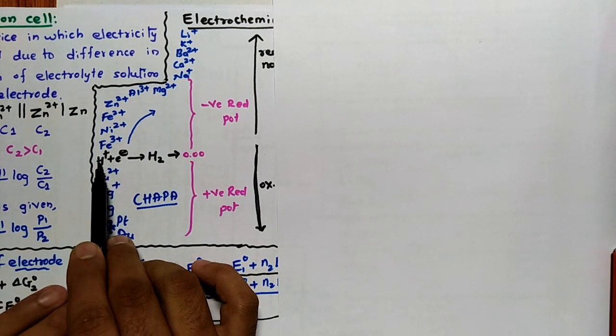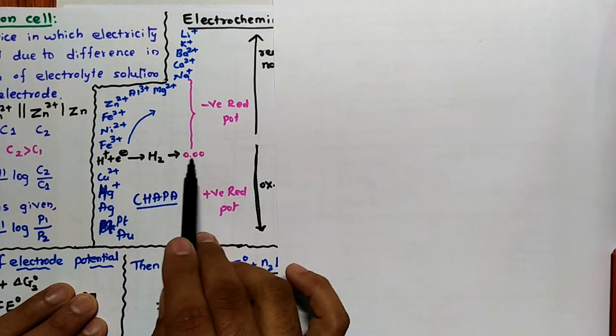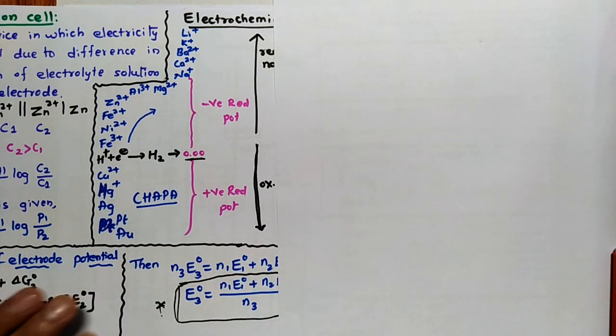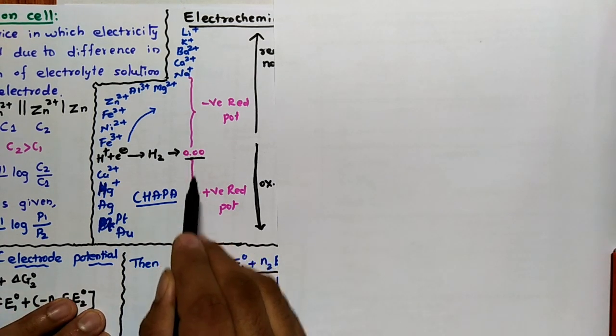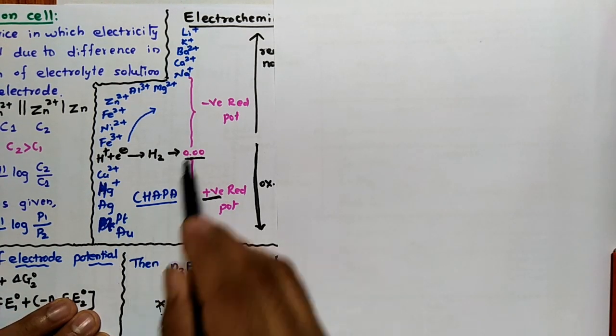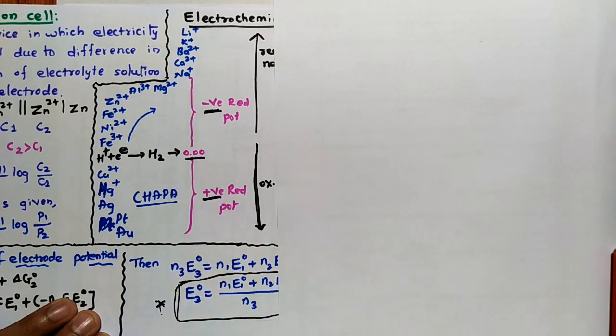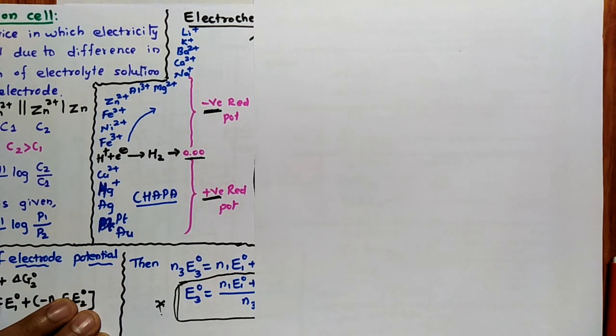So first you remember H plus plus electron gives rise to H2, 0.00 volt. First remember this. Everything I am writing below it has positive reduction potential. Above that, what I am writing has negative reduction potential. Remember that part also. Right? Now we will try to remember some important elements. It's very simple.